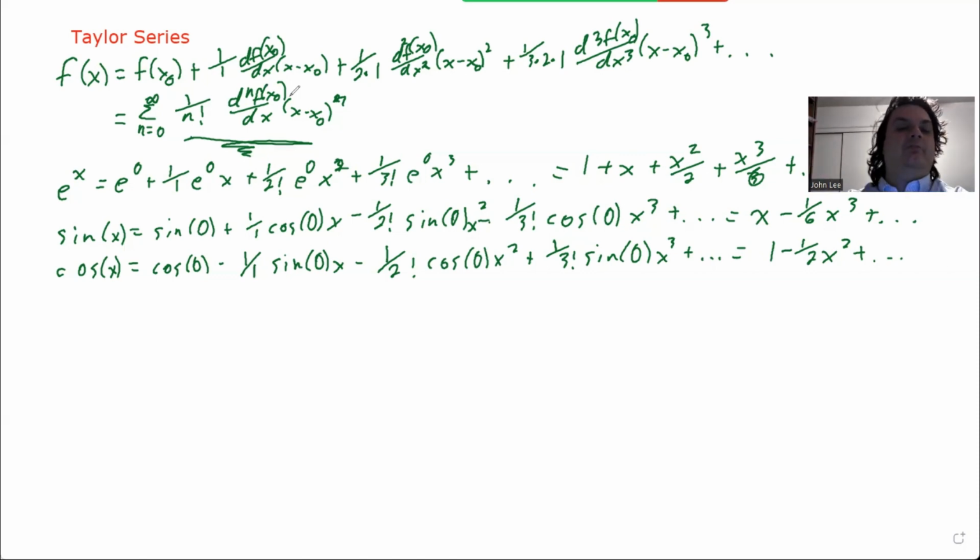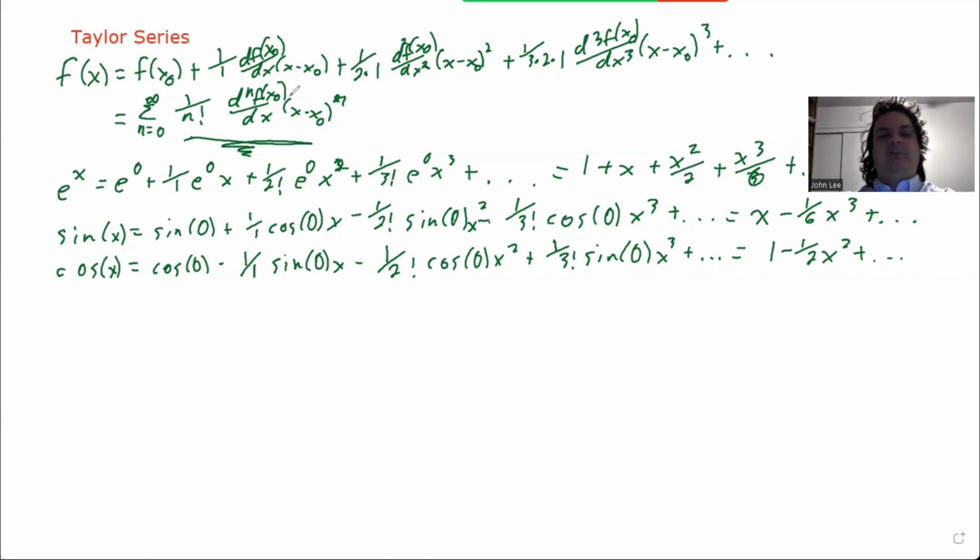Then you do it with sine of x, and that's a little harder because the derivative of sine of x is not just itself, it's a cosine. But as you keep taking these derivatives, it ends up alternating between sines and cosines.